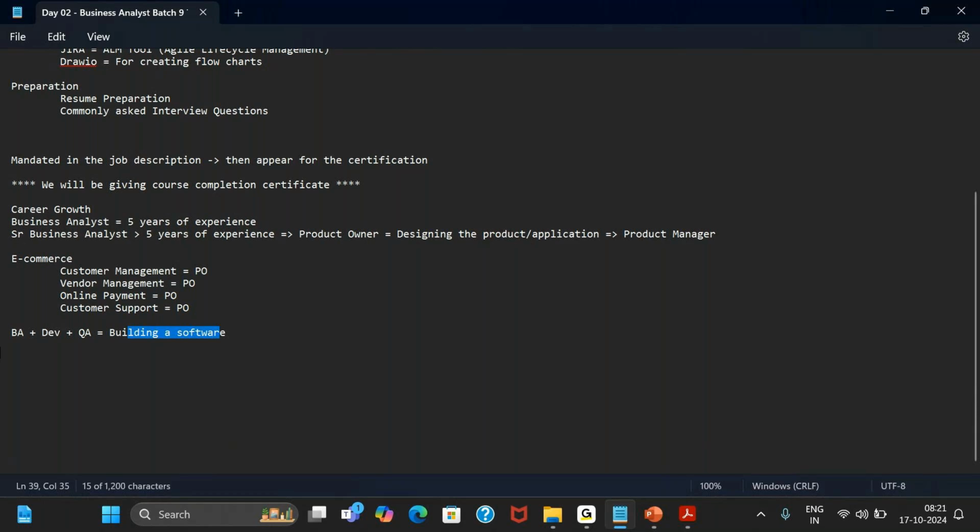If you become a BA and later you want to jump to developer, you definitely can. But again, just as in order to become a BA you are learning the concepts of BA, similarly if you want to jump from BA to developer or QA, you will have to revise those concepts again, like what I do as a QA, what activities happen.